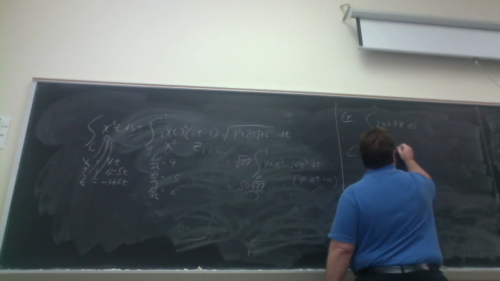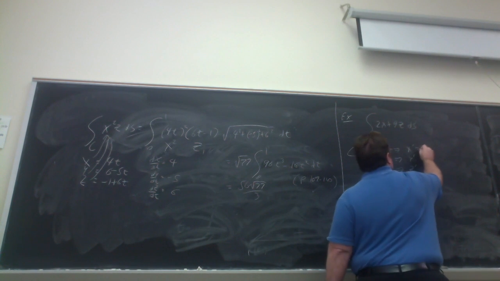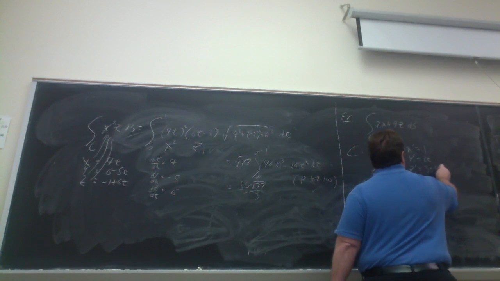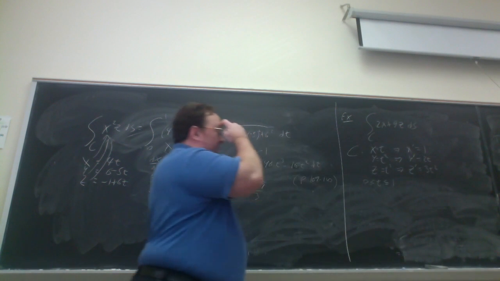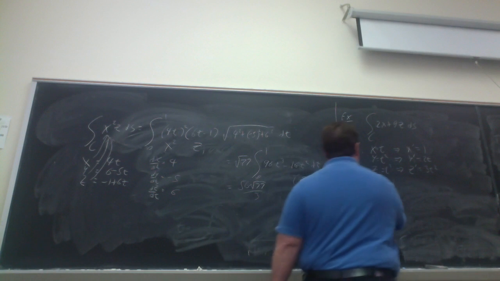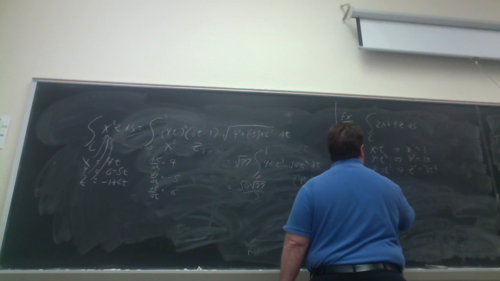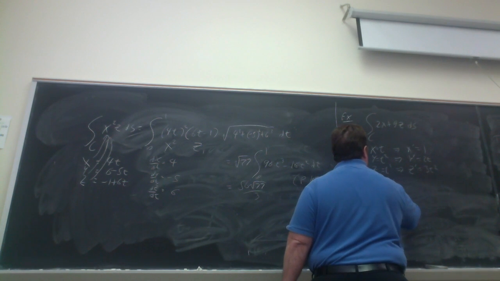So one thing you'll need, just like in the previous example, is the derivative, but it's quite easy to handle in this case: 1, 2t, 3t squared. So now your integral will be from 0 to 1 in t, and then you have 2x plus 9z.